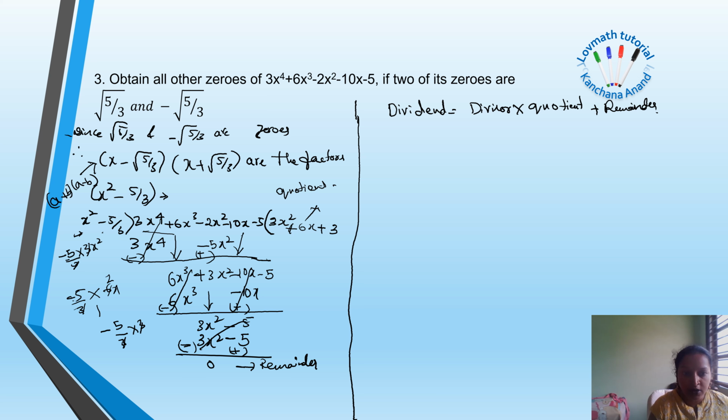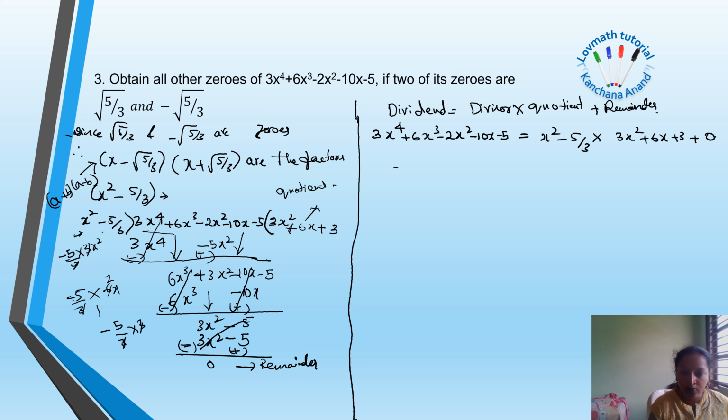Therefore here the dividend is 3x^4 + 6x^3 - 2x^2 - 10x - 5. The divisor is x^2 - 5/3, and the quotient is 3x^2 + 6x + 3, and the remainder is 0.